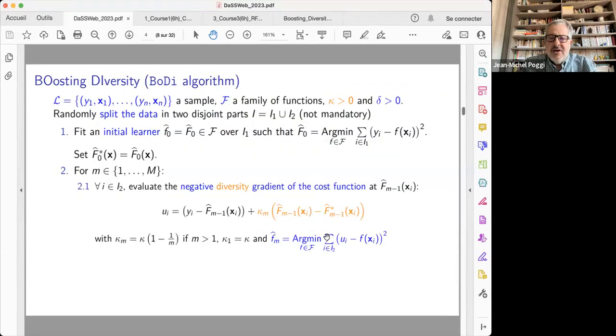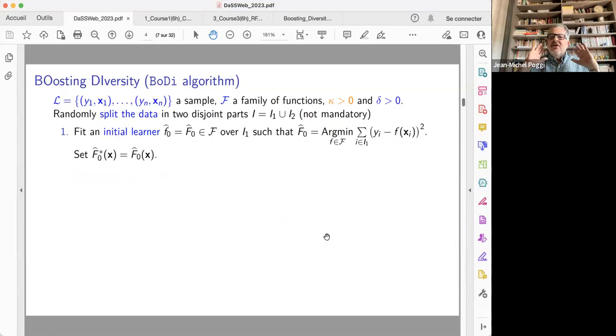So now I start the commentary by focusing only on the blue aspects. My first reading is just describing what L2 boosting is. You have a learning sample, Y, X, so you have complete observations, X and Y, for a sample of size N. You have a family of functions, which you will use to estimate the underlying regression function f.